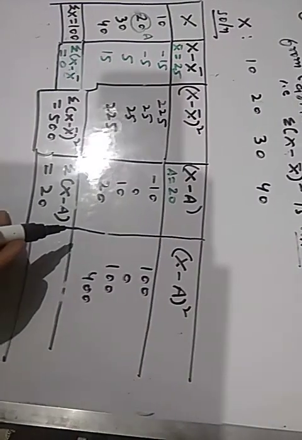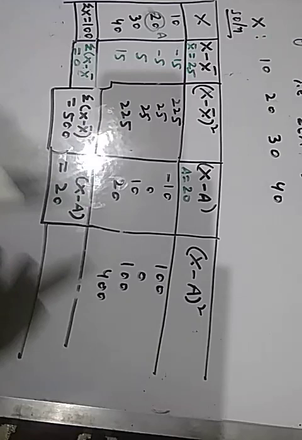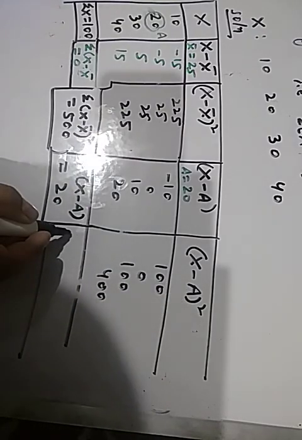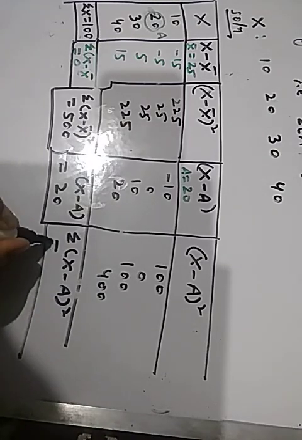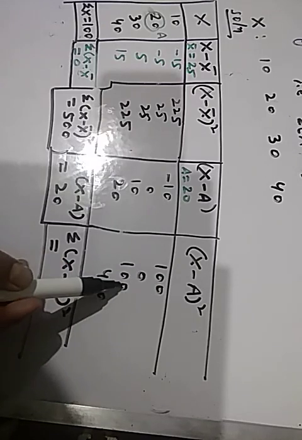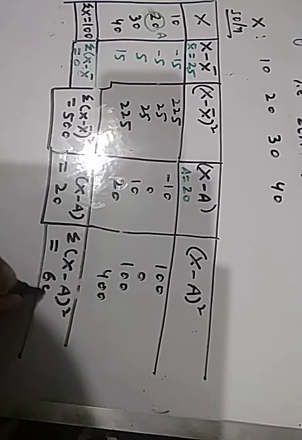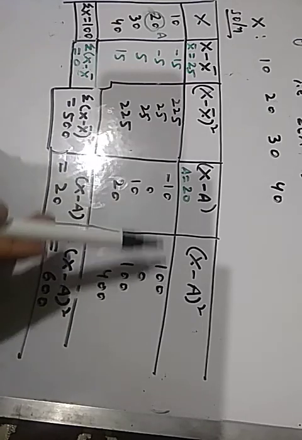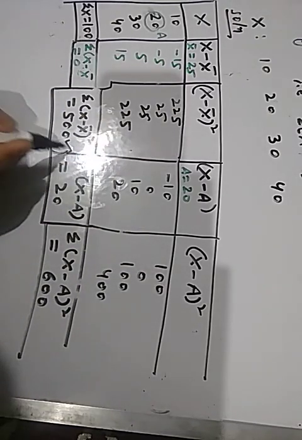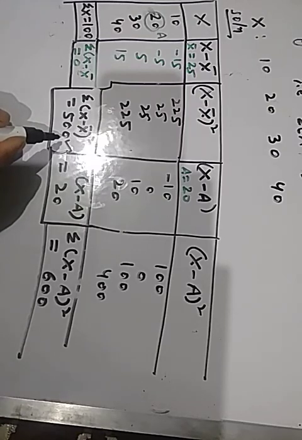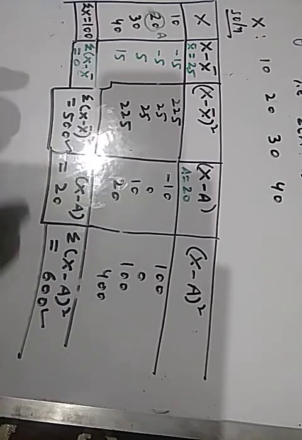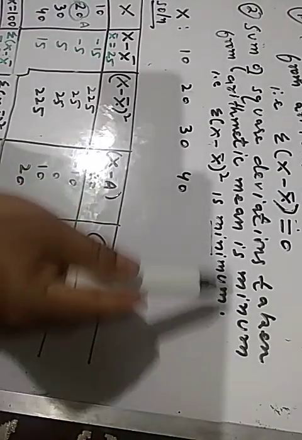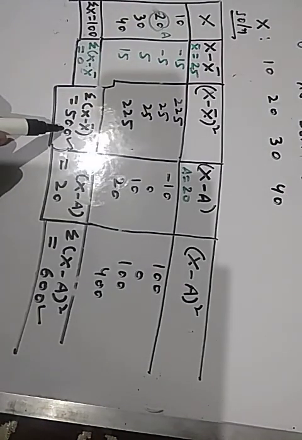The sum of square deviations taken from the assumed mean, where a is the assumed mean, is in total equal to 600. The sum of square deviations taken from the arithmetic mean is equal to 500, and the sum of square deviations taken from the assumed mean is equal to 600. Therefore, the sum of square deviations taken from the arithmetic mean is minimum, as proved in this example.